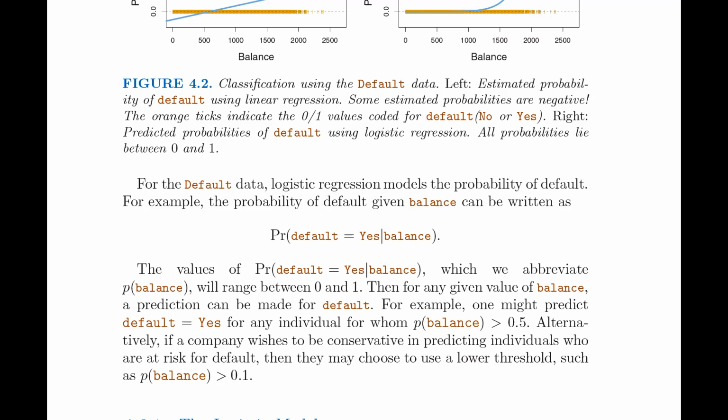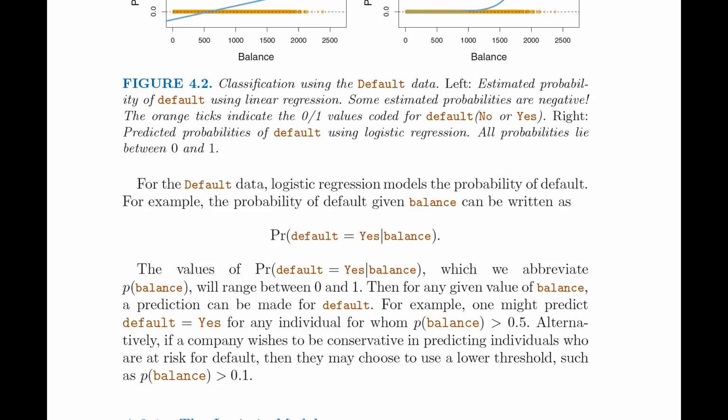Then, for any given value of balance, a prediction can be made for default. For example, one might predict default equals yes for any individual for whom p-balance is greater than 0.5.